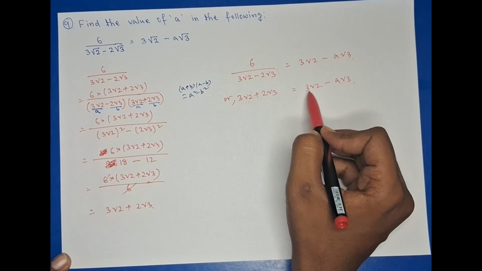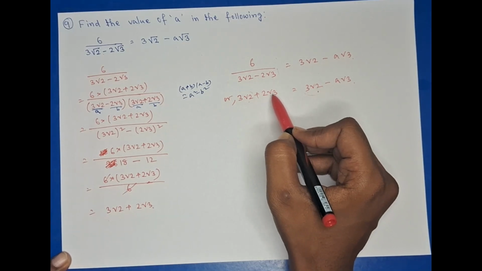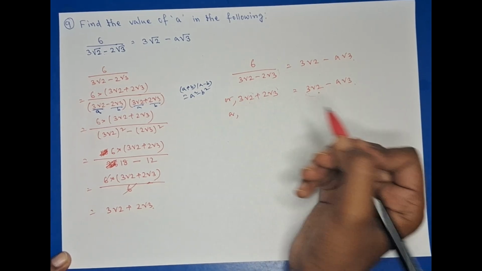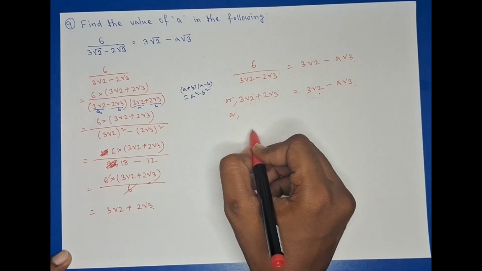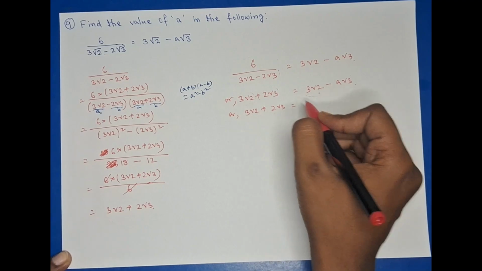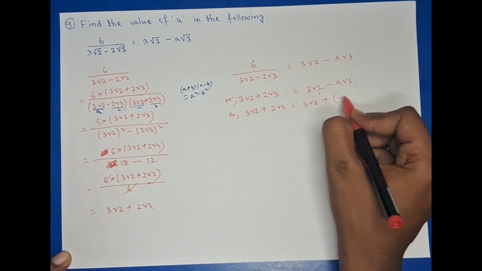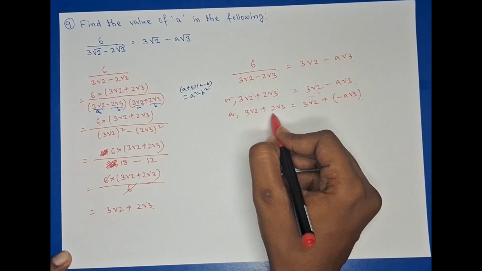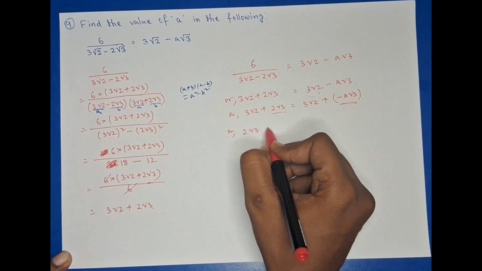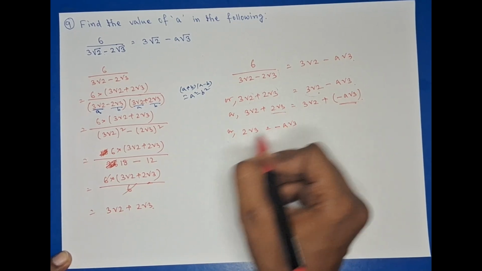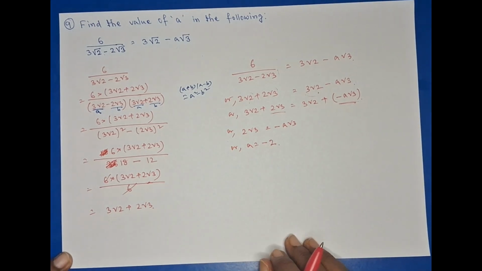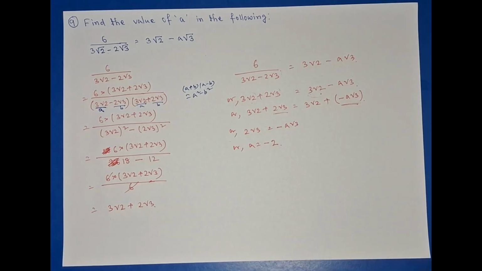See, 3 root 2 is equal to 3 root 2. Now what remains? This part and this part. We can write it as 3 root 2 plus 2 root 3 is equal to 3 root 2 plus minus a root 3. So 2 root 3 is equal to minus a root 3. So a is equal to minus 2. Easy problem. Okay.